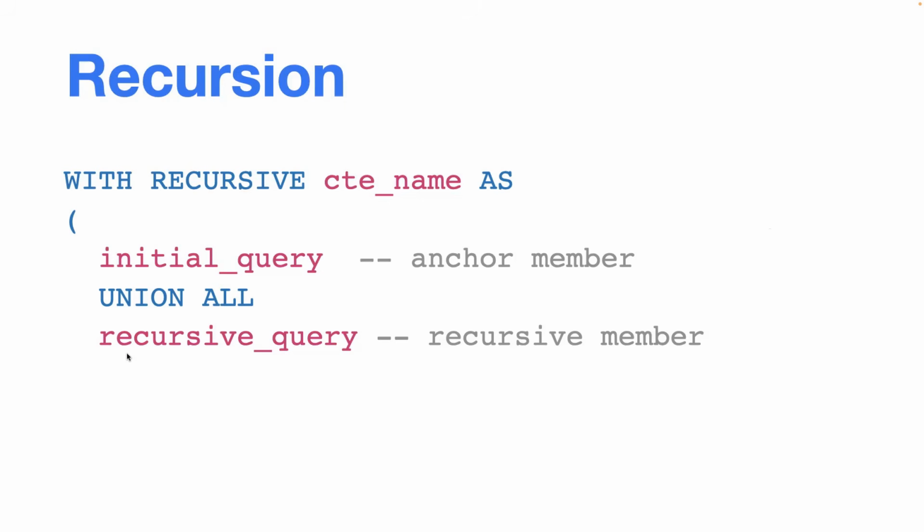And the point at which the recursive query returns null is when this entire query ends. Okay, so you use with recursive to create this recursive query, and then you can use it in a select statement as you wish, like select star from CTE name, right? So this is the simplest form of recursion, and we look at a couple of examples to see how this works out when you're actually writing a query.